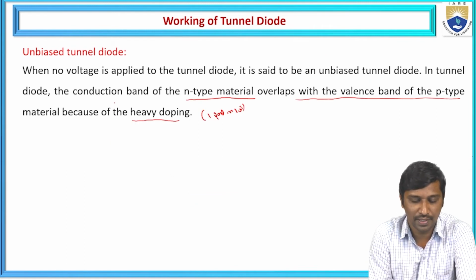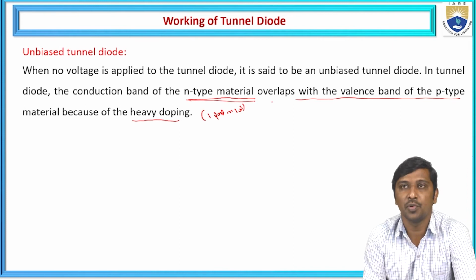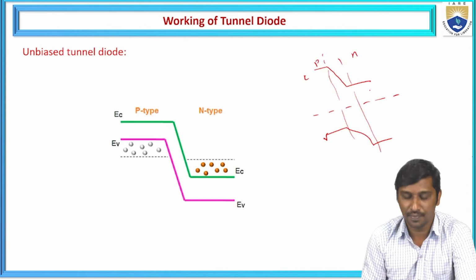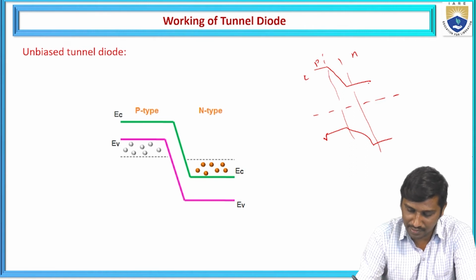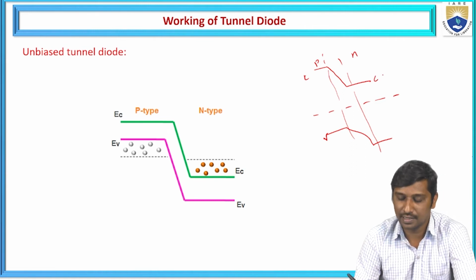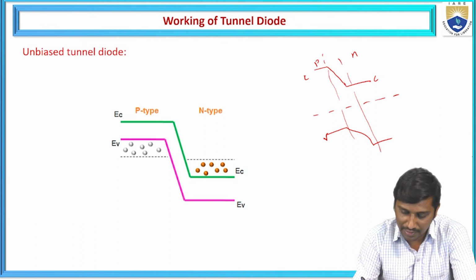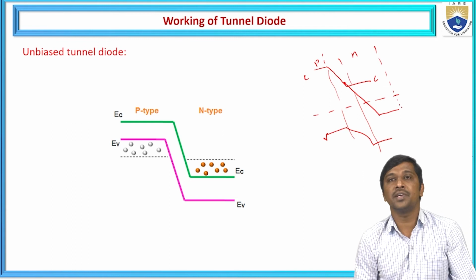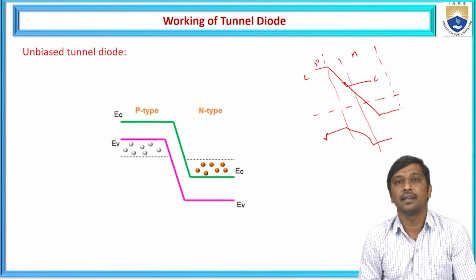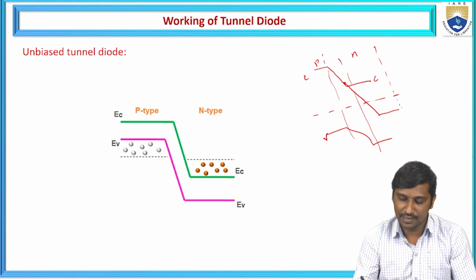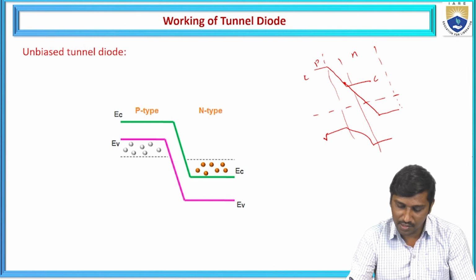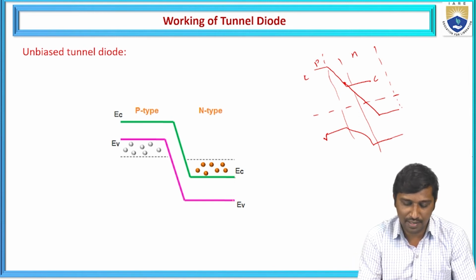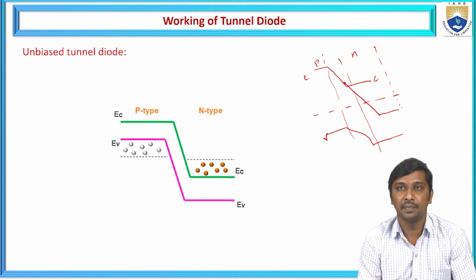So when you are heavily doping, the conduction band of the N-type material overlaps with the valency band of the P-type. This conduction band is of a normal PN junction diode. Due to this doping concentration, this conduction band is increased, like this. The impurity concentration also increases, and that is the reason this conduction band overlaps with the valency band of the P-type region.